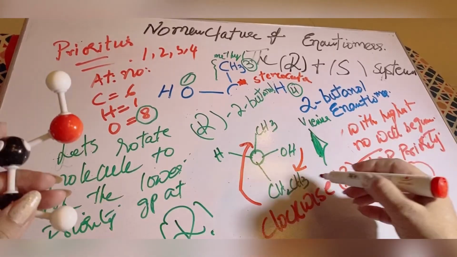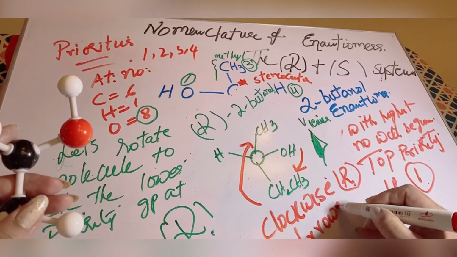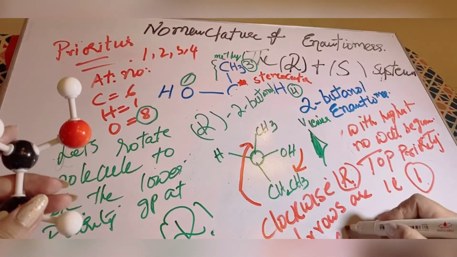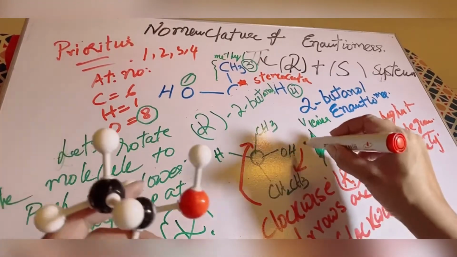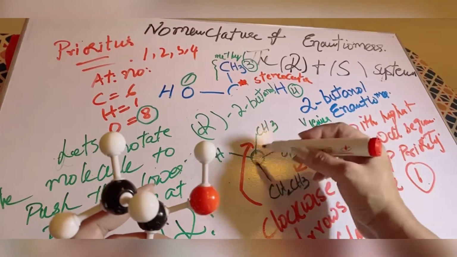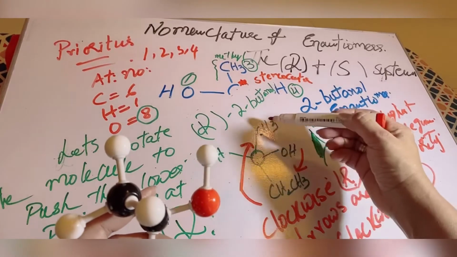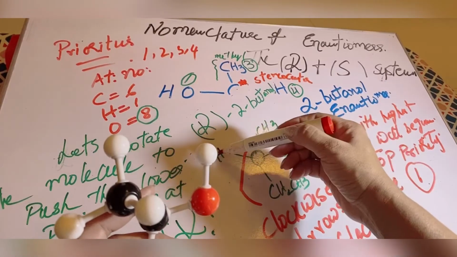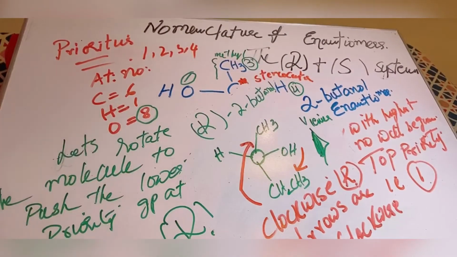Because here the arrows are clockwise. And why are they clockwise? Because we move according to the priorities we have assigned to these 3 groups, that is the hydroxyl, then the ethyl group and then the methyl group, right? And this is the 4th group that is at the back, which we are not looking for right now because that is the lowest priority group.